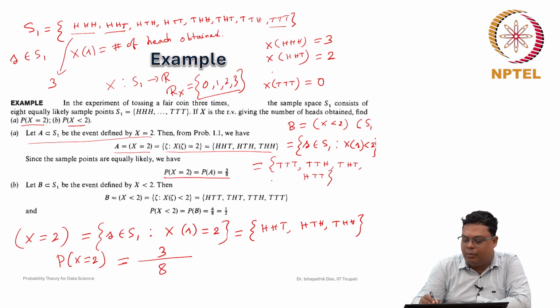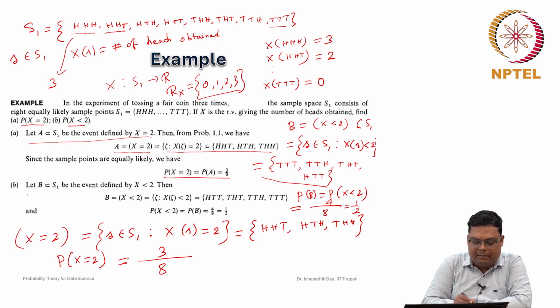So that is why this is 4, because it is 4 elements, and all our points are equally likely. The probability of B, which is the probability of X less than 2, is the number of ways the event B, that means X less than 2, can happen, over the total possible ways. By the classical approach, that is 4 by 8, so the probability is 1 by 2.